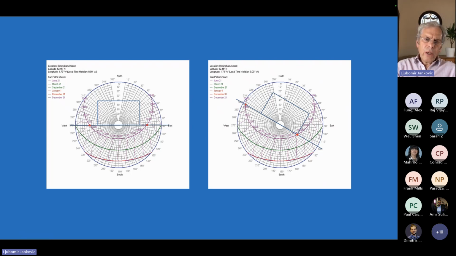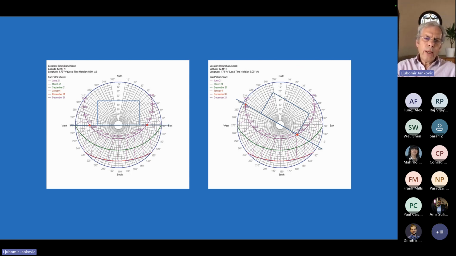Also, the sun path diagram is very important for site data. It tells us for a particular location when the sun is going to be at what angle, at what time of the day, what time of the year.